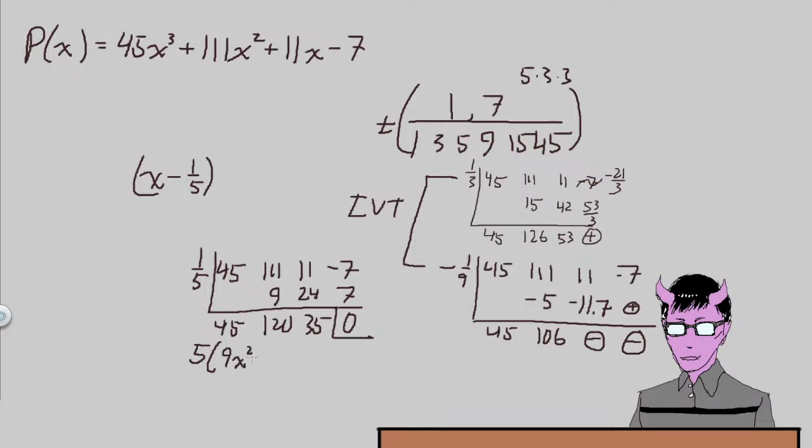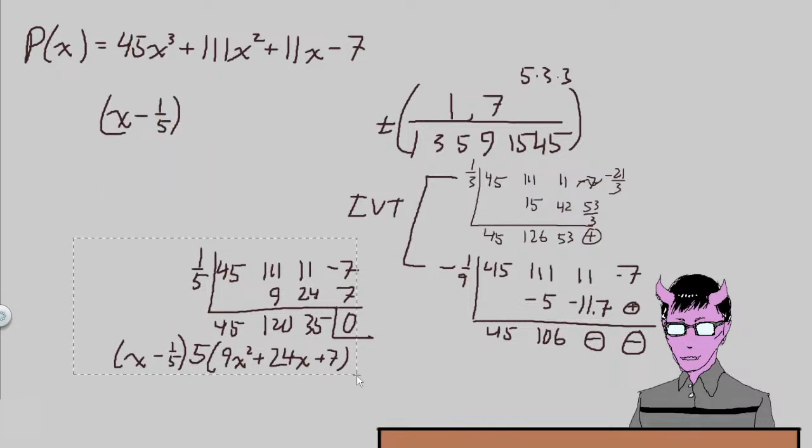Divide by 5. I have to redo it, I'm sorry. So 24x. Divide by 5 is 7. And again, we steal that 5 and multiply it to this one instead to get a nice clean answer. This is a quadratic. Is it a factorizable quadratic? Is the handsome question.